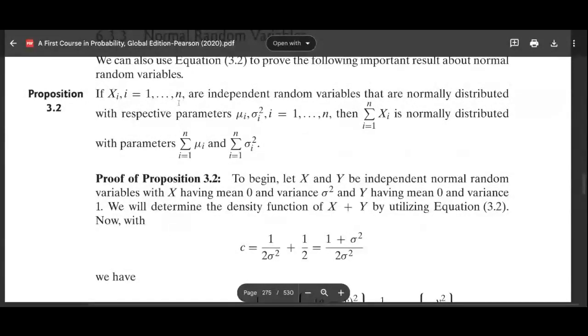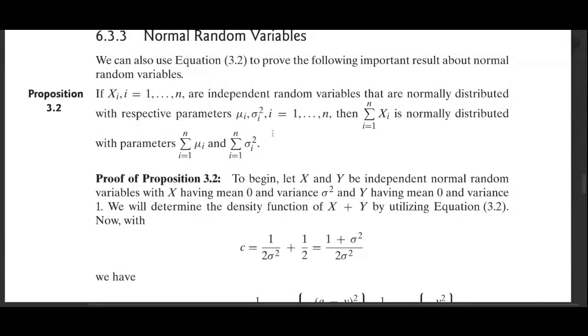If Xi, n variables, are independent and normally distributed with parameters mu i and sigma i squared, then the sum of the n random variables is normally distributed with parameters the sum of mu i and the sum of the variances, sigma i squared. Nice, isn't it?